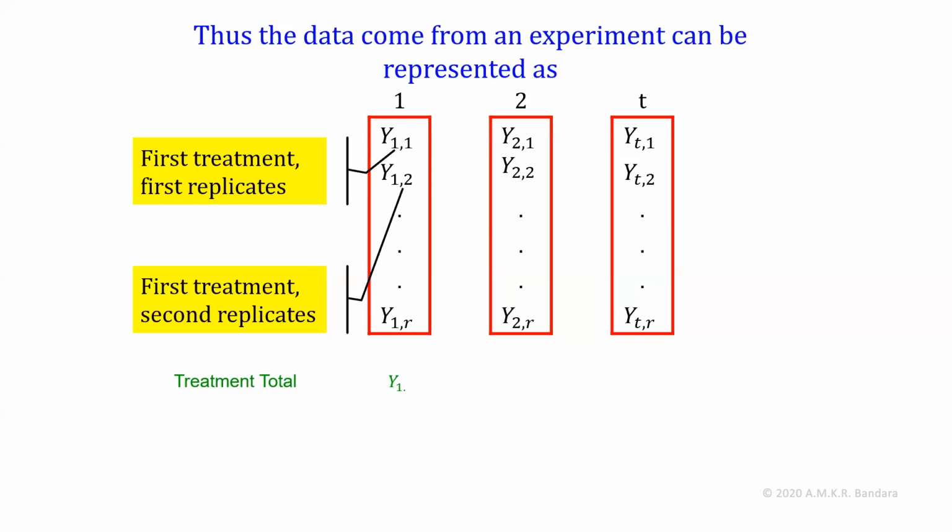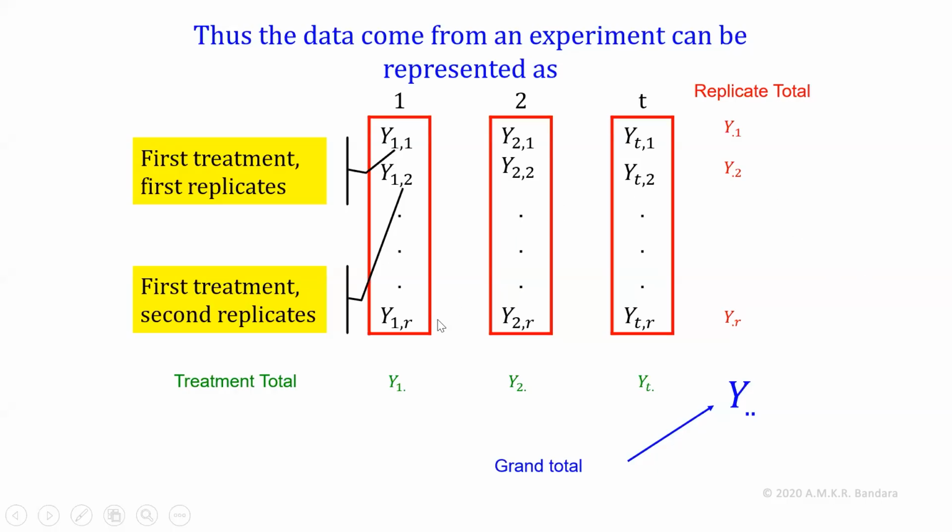So Y1 dot means first treatment total. Similarly, Y2 dot means second treatment total. Likewise, Yt dot means tth treatment total.